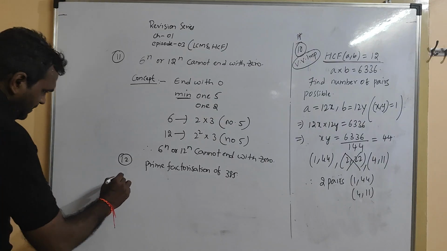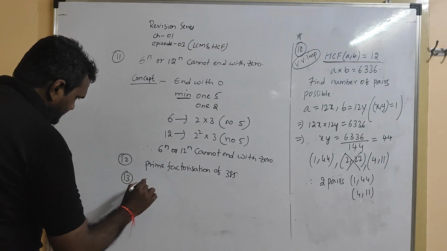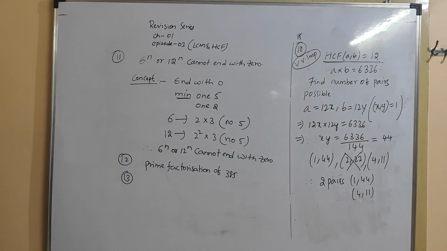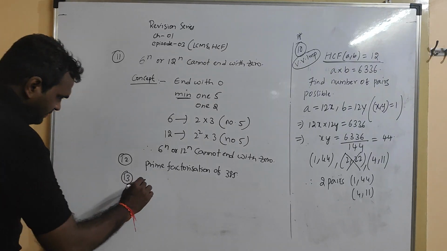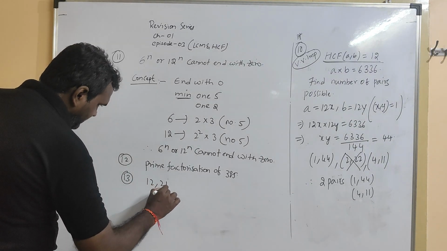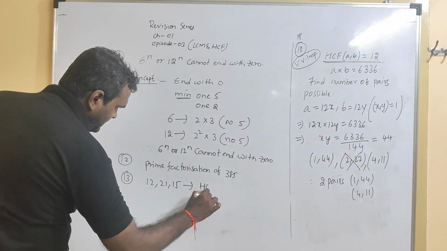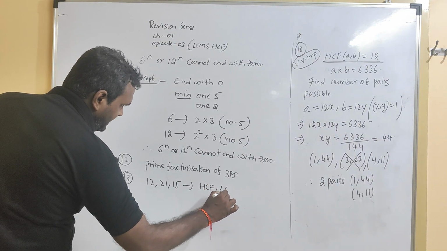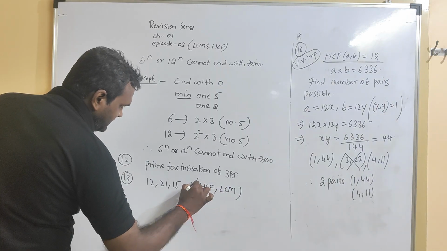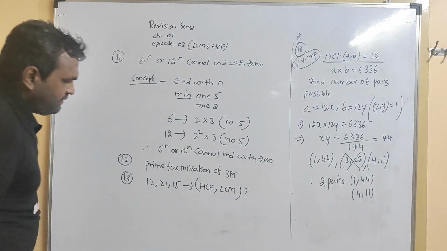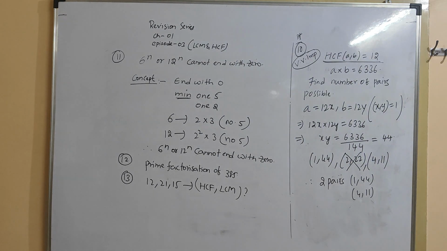And the next question is also about finding HCF and LCM. Numbers are given as 12, 21 and 15. You have to find HCF and you have to find LCM.